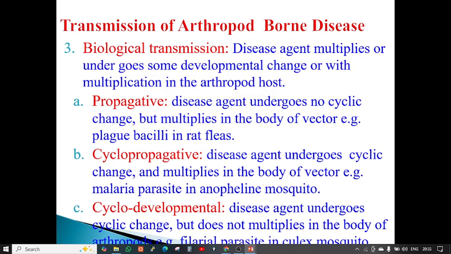In the mosquito, malaria does not cause disease, but the same parasites, when transferred to the human body, can cause disease. Then cyclodevelopmental means the disease agent undergoes cyclic changes but does not multiply. So these are three different kinds of biological transmission.